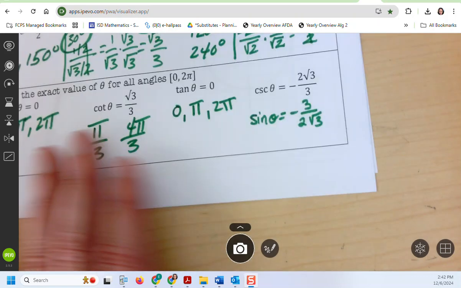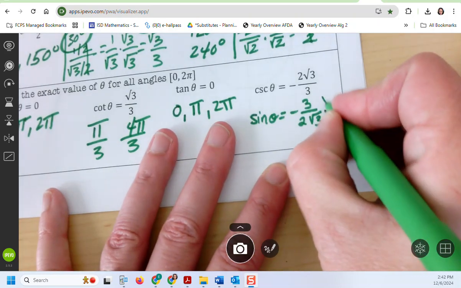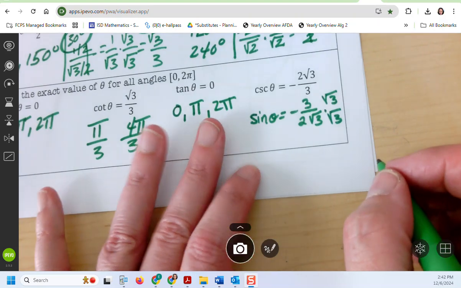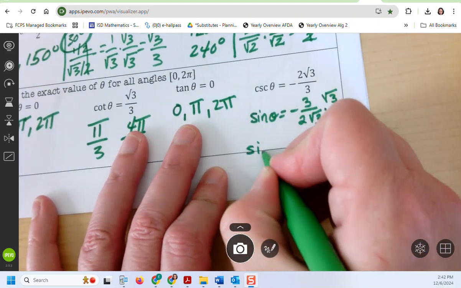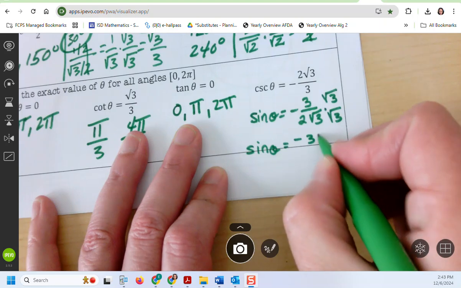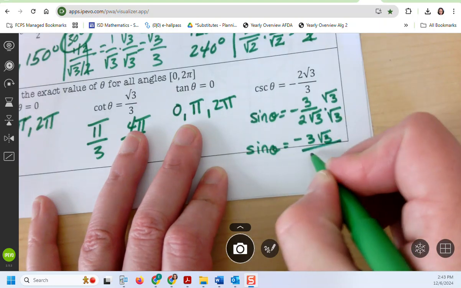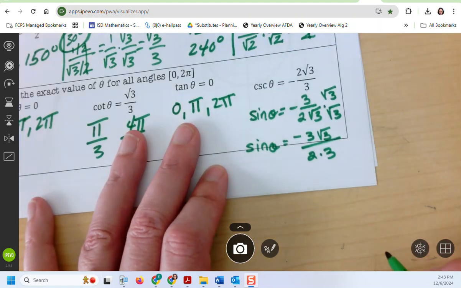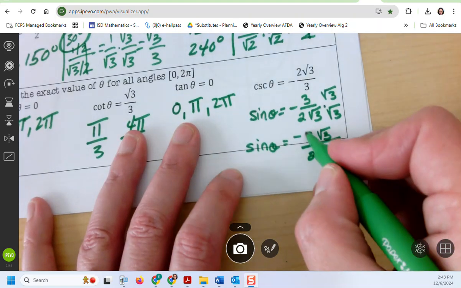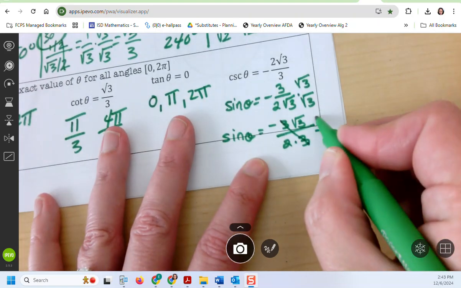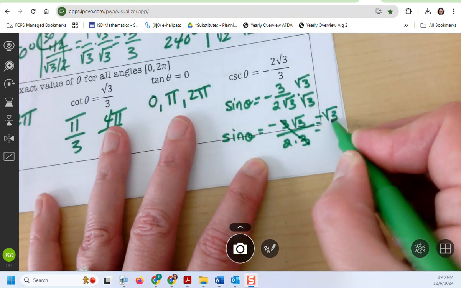So we only have to multiply times root 3 over root 3. So the sine of theta is negative 3 root 3 over 2 times 3, and these 3's cancel. So the sine of theta is negative root 3 over 2.